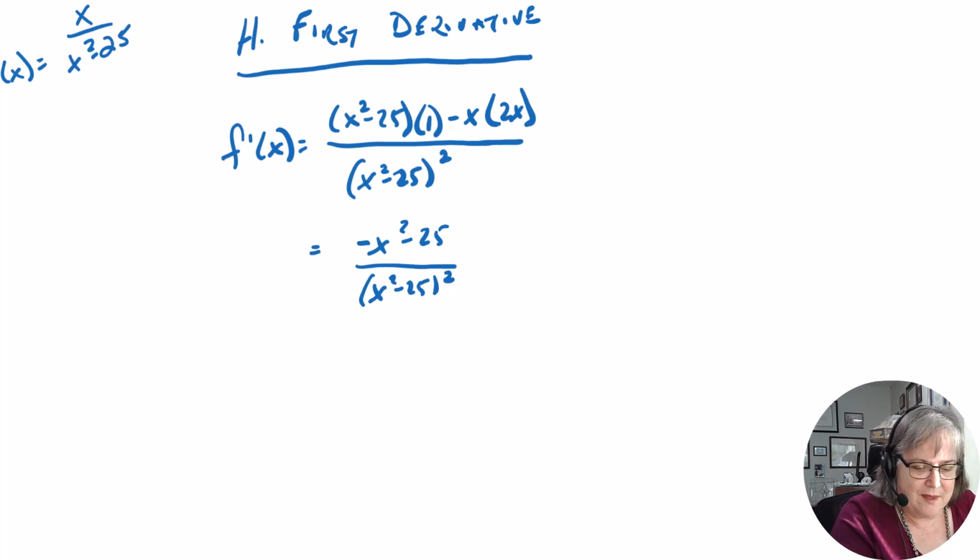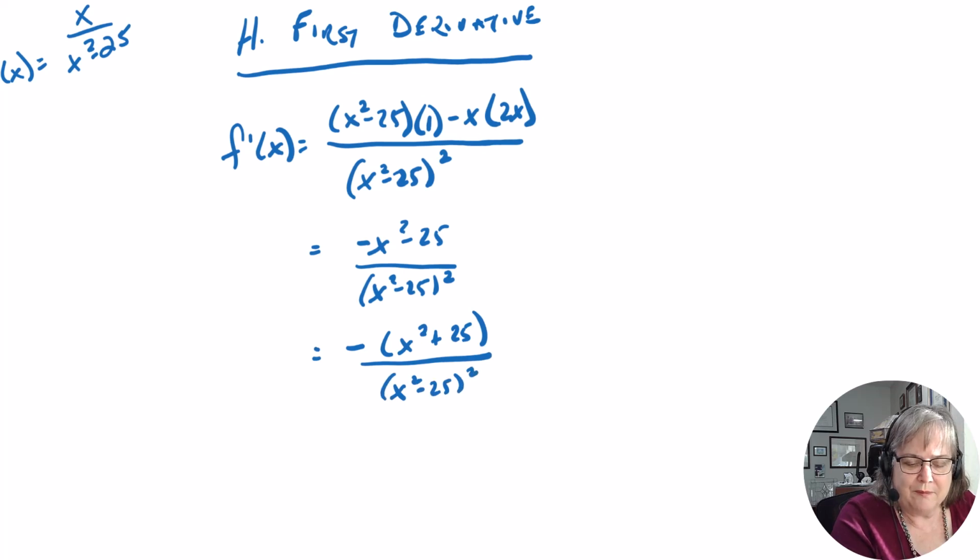So you could think of this as minus x squared plus 25, right? Some of you may prefer one form over the other. But when you factor out that negative, I think you can see right here that those don't actually cancel, even if up here it's really tempting.